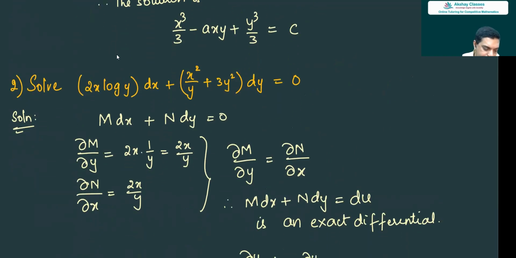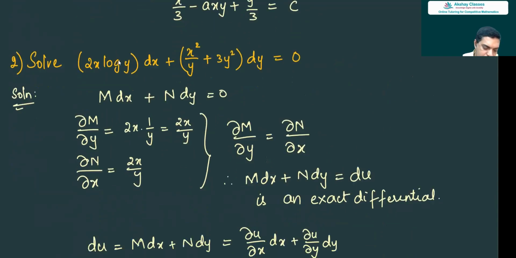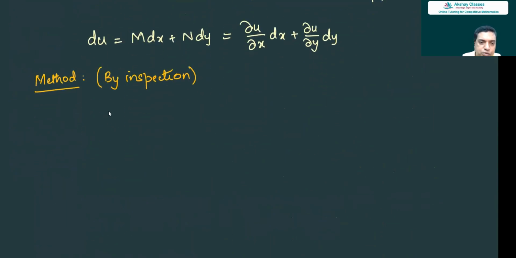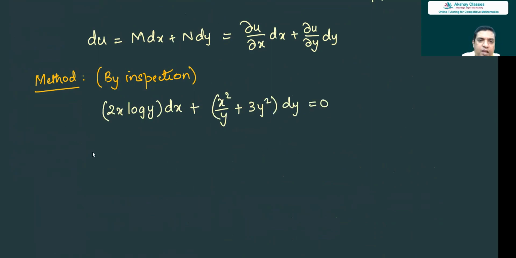2x log y dx plus x square upon y plus 3y square dy. Now treating y as constant, I'll write this as log y times 2x dx. The second term I write as x square into dy upon y.